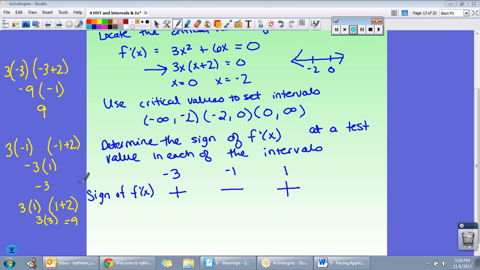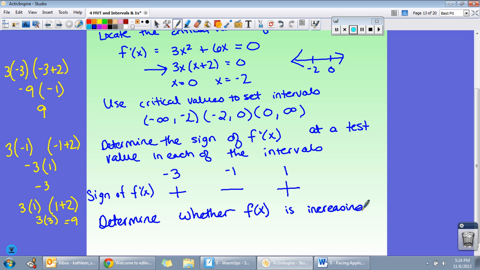The next thing we're going to do is determine whether f of x is increasing or decreasing on each interval.